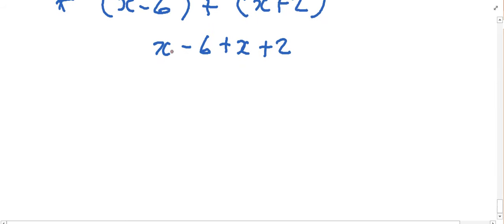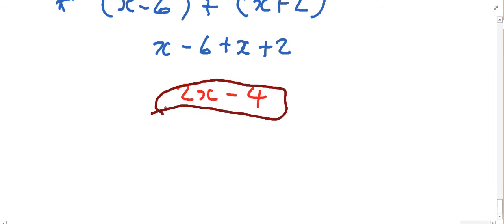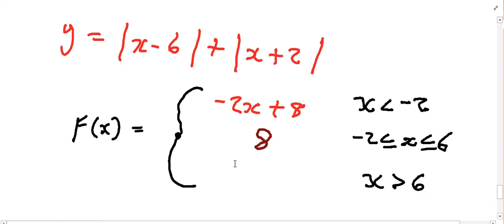So if you work that out, you're going to have something like 2x minus 4. Okay, so you're going to get this 2x minus 4 and plug it in there.